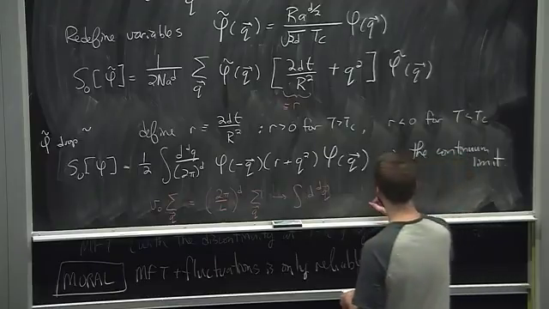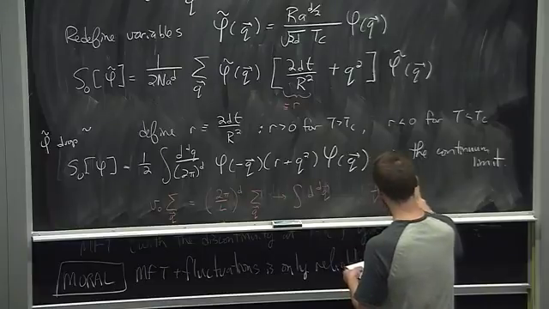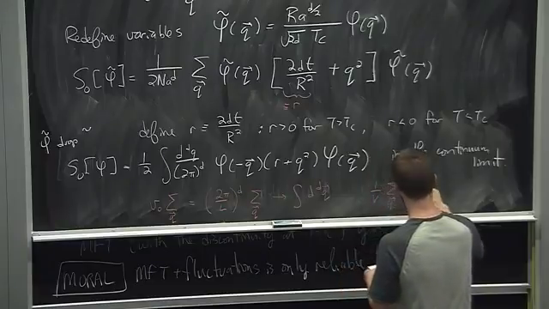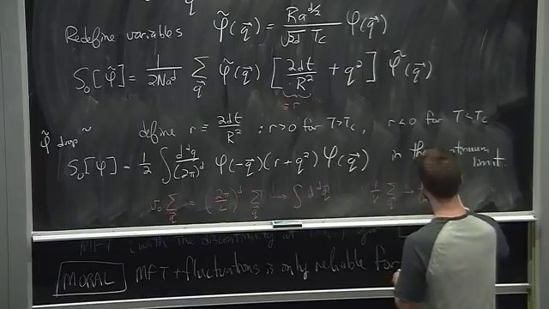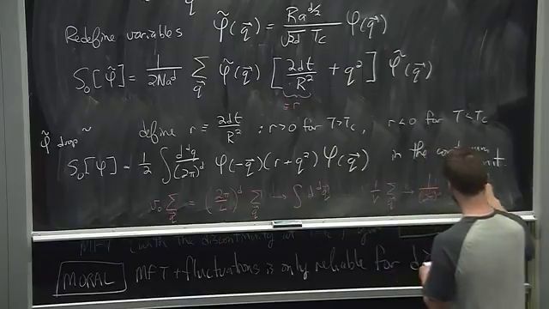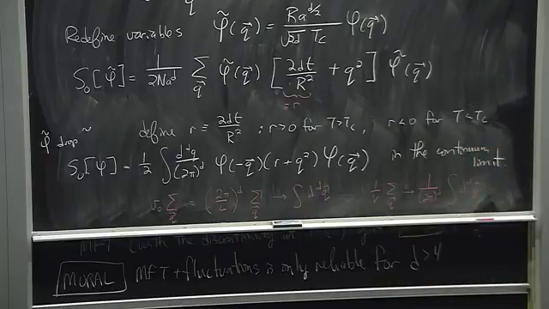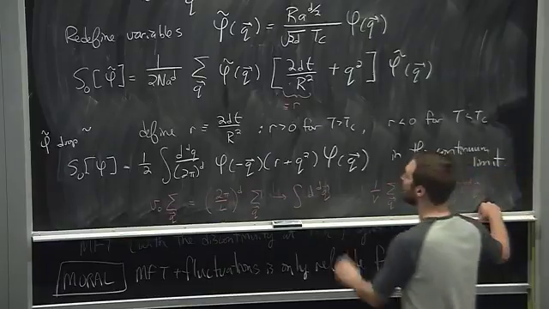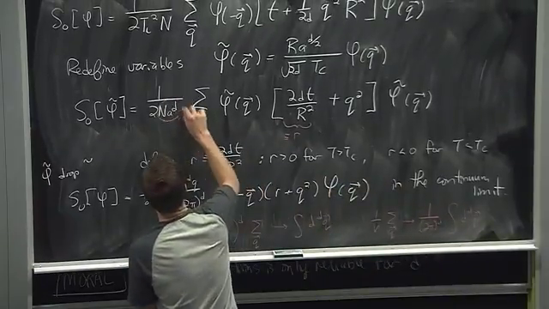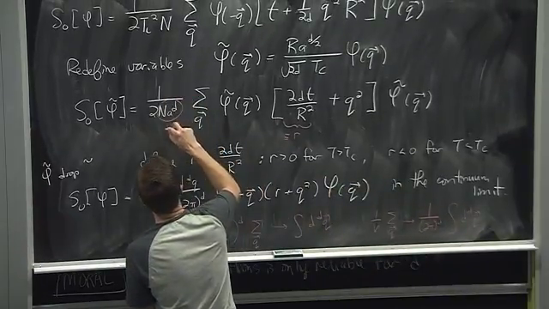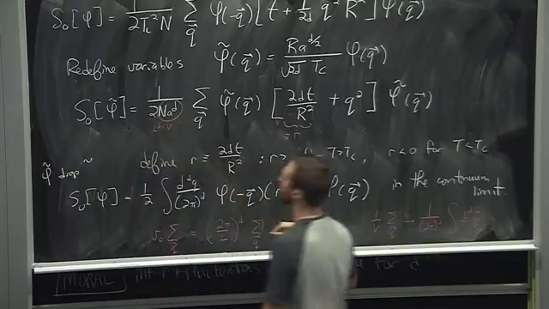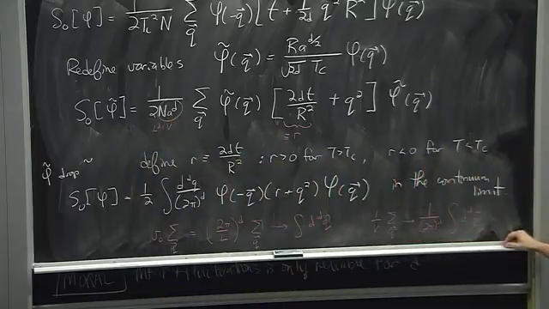Or else 1 over V, sum over Q, goes to 1 over 2 pi d integral. And volume is L to the D, so it's N times A to the D, right? That's your volume. That's L to the D. Okay, so we've done that part before.